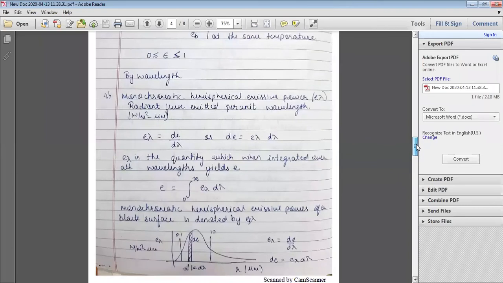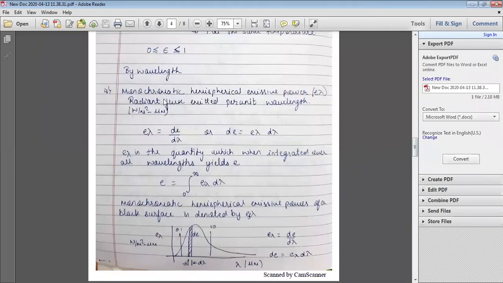The next part is monochromatic hemispherical emissive power, given by E lambda. It is the radiant flux emitted per unit wavelength, denoted in watt per meter square per micrometer.